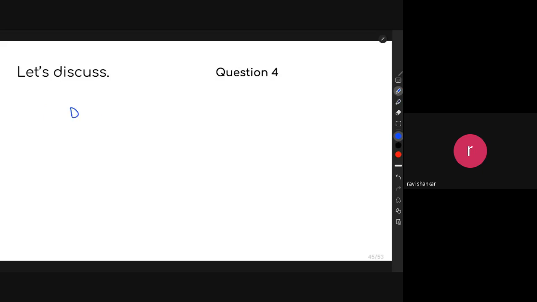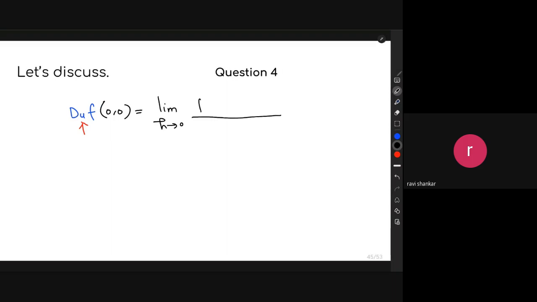We define the directional derivative of f in the direction u at this point as the limit of f of x comma y plus h times u, minus f of x comma y, divided by h.